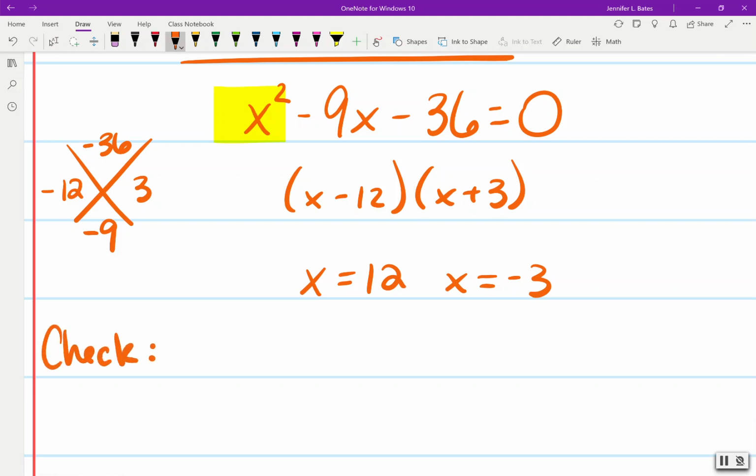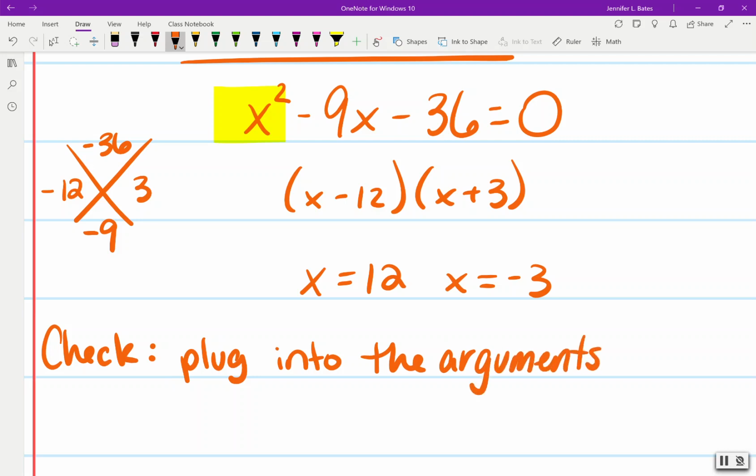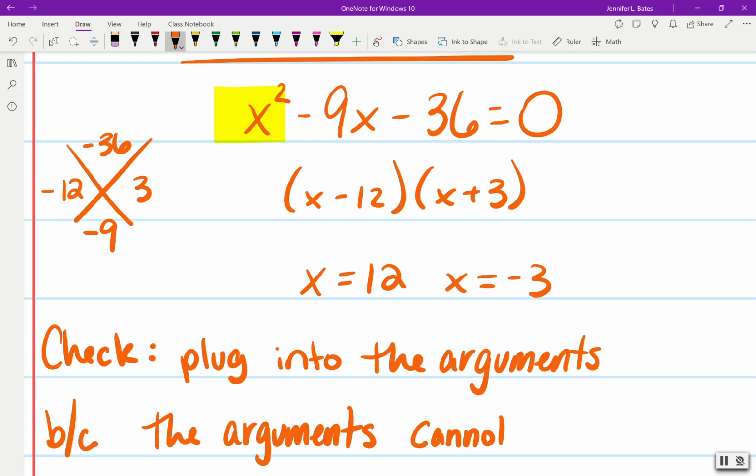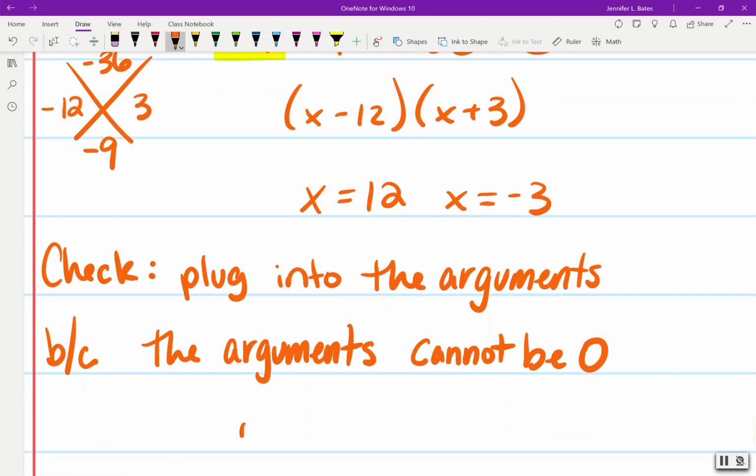What we mean by that is we are going to plug into the arguments, because the arguments cannot be 0 or negative.